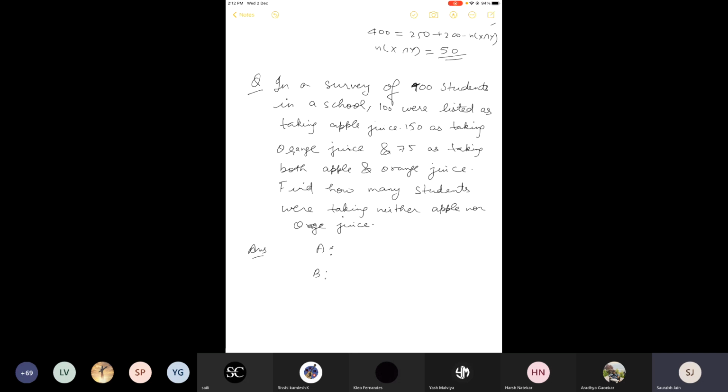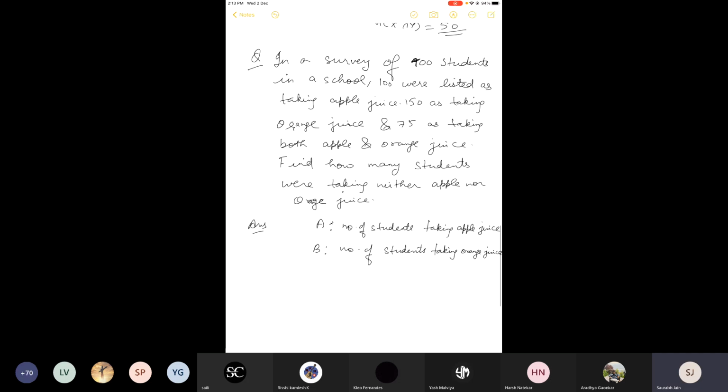Okay, so let us take A as the number of students taking apple juice, and B as the number of students taking orange juice. So what is given?